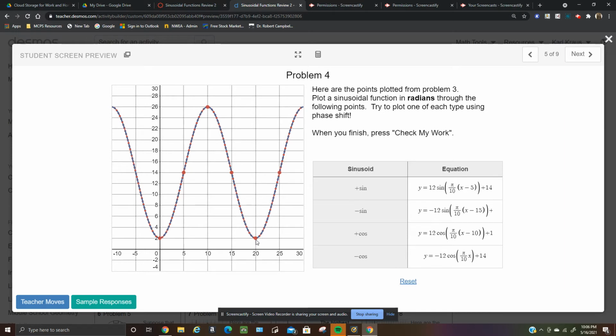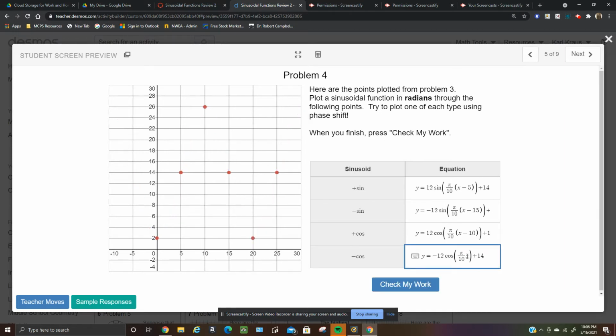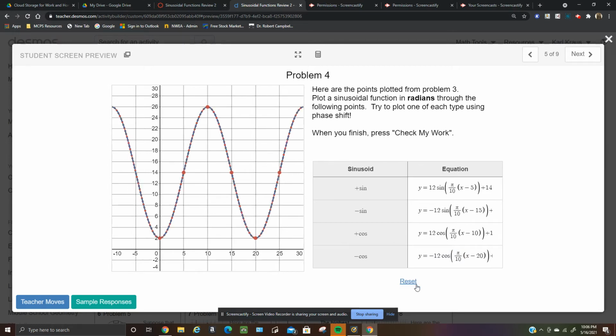The other cosine curve, if I wanted phase shift, would be x minus 20. Without phase shift, I could just start at 0.